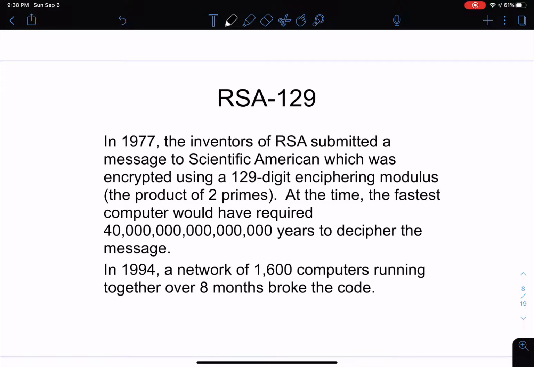In 1977, when they invented this system, this RSA 129, they submitted a message to Scientific American. You're probably not familiar with Scientific American, but they often have magazines and stuff. The message they sent would have taken, at the time, the fastest computer, not thousands or millions or billions or trillions, but 40 quadrillion years to try to decipher it.